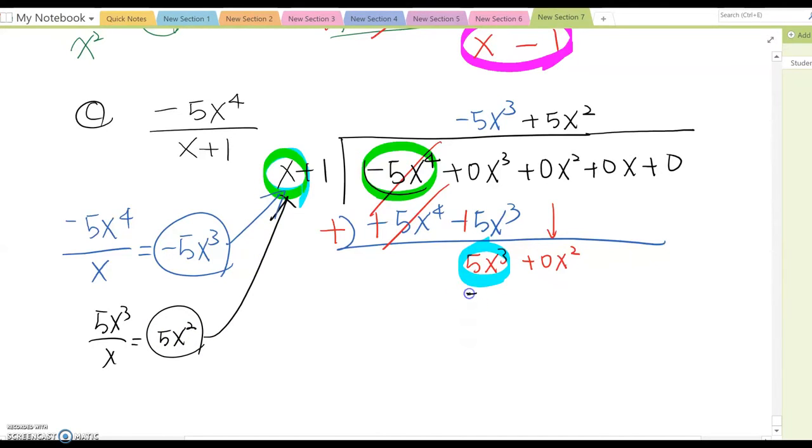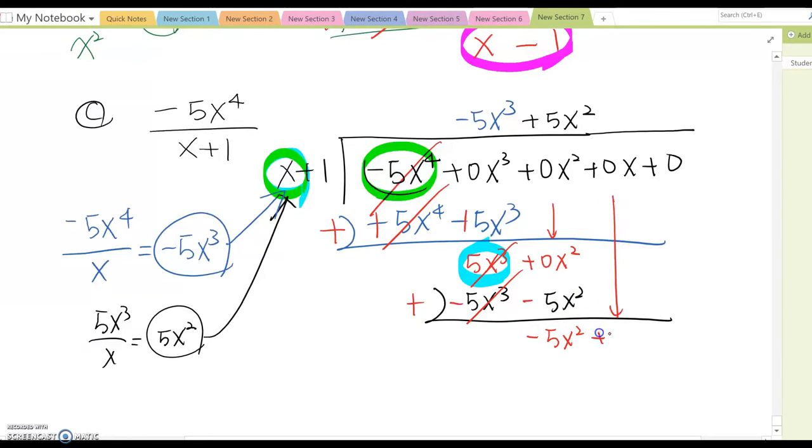Then this becomes 5x cubed plus 5x squared, and you subtract, which means switch their signs. Okay, then this is gone, and this comes down: negative 5x squared and then plus 0x again.